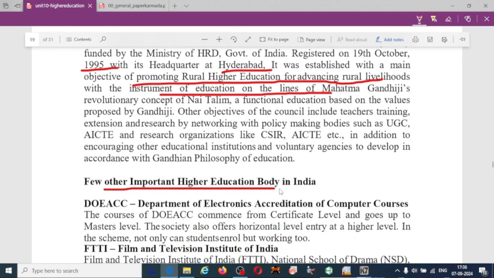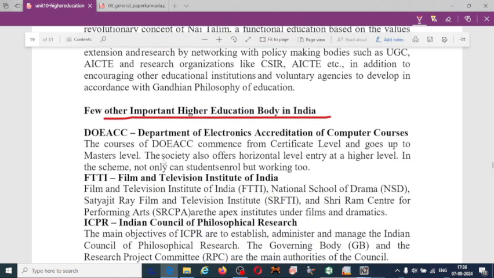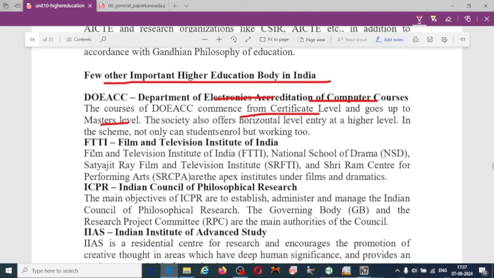Few other important higher education bodies in India: DOEACC, Department of Electronics Accreditation of Computer Courses, which commences from certificate level and goes up to master's levels. FTII, Film and Television Institute of India.